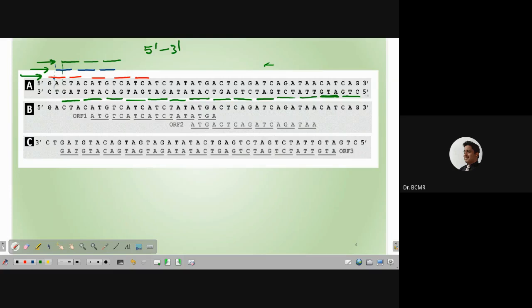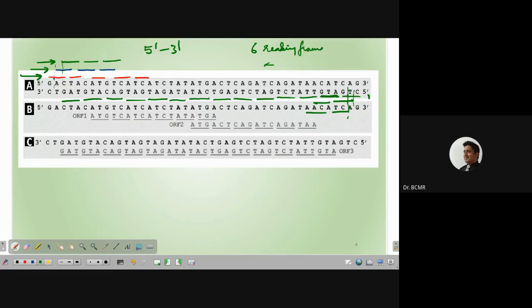So if I start, this is one reading frame. The second reading frame could start from here, reading in steps of 3. And the third reading frame could have started here, right? So any double-stranded sequence that is given to you, or you convert it into double strands, you will have a total of 6 reading frames.